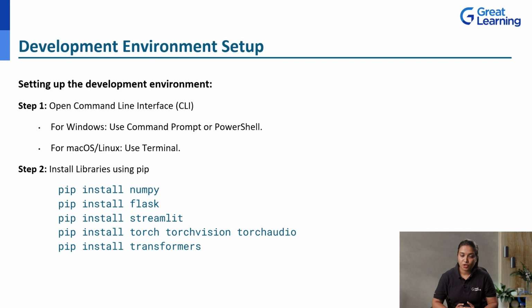Then you have Torch Vision and Torch Audio. Basically, this library caters to computer vision models. You can work with model creation, you can view the model, and also you can add certain multimedia to the model created, right? You have this Torch library to cater to computer vision projects and models.